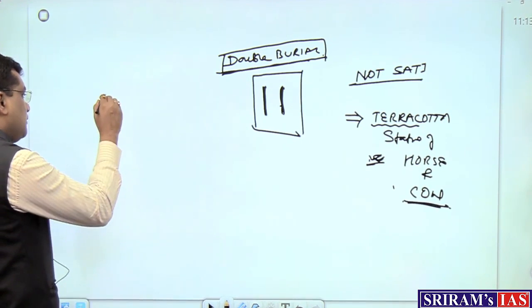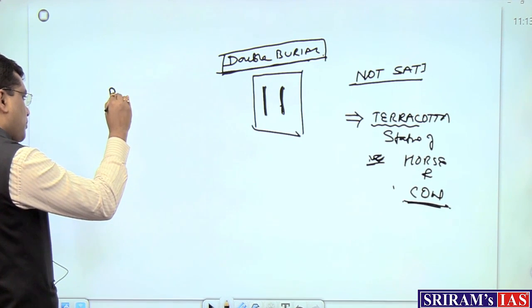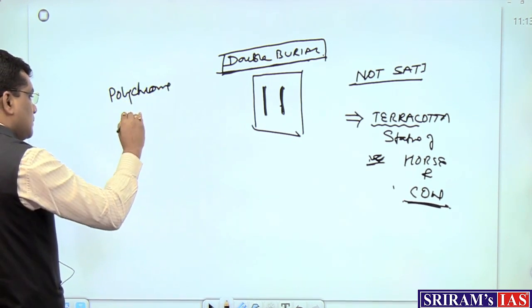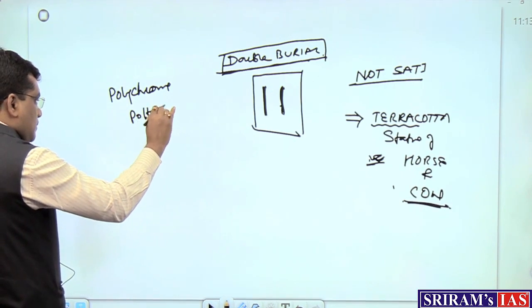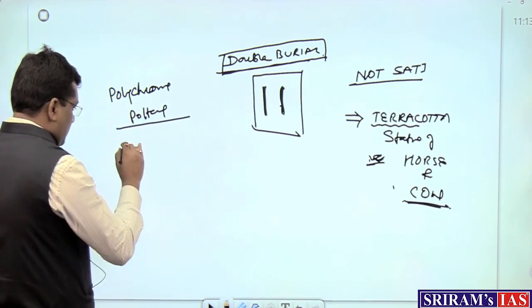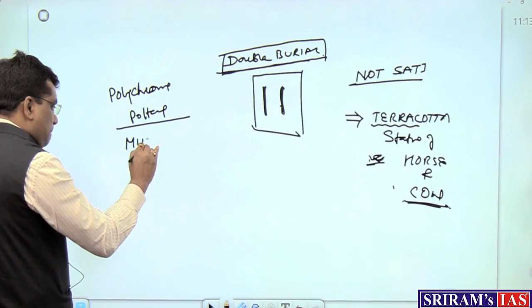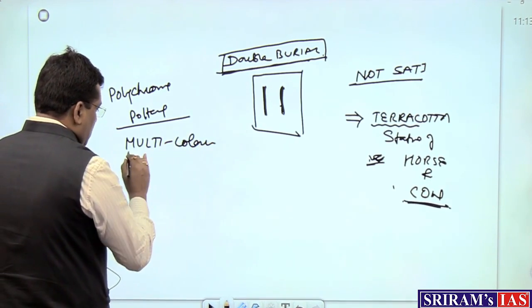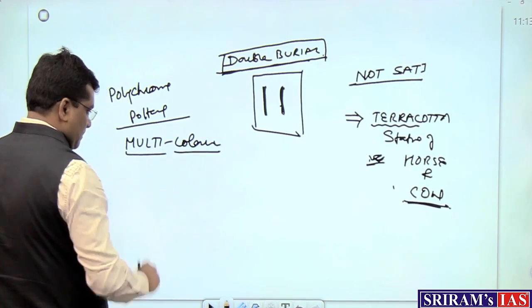Then Lothal is famous for polychrome pottery, multicolor pottery. We have found many pieces of pottery from Lothal having multiple colors.